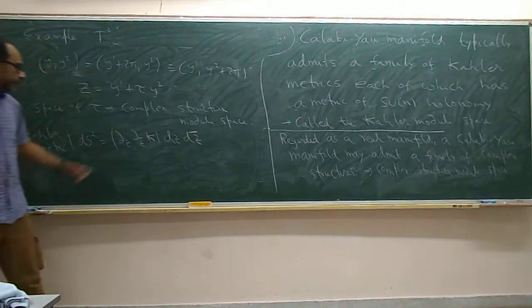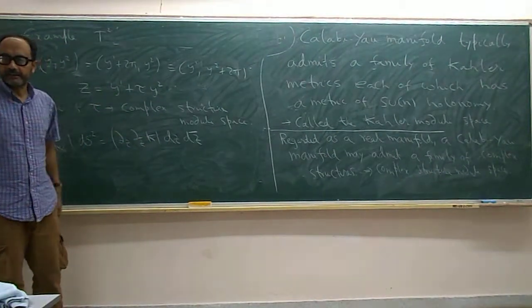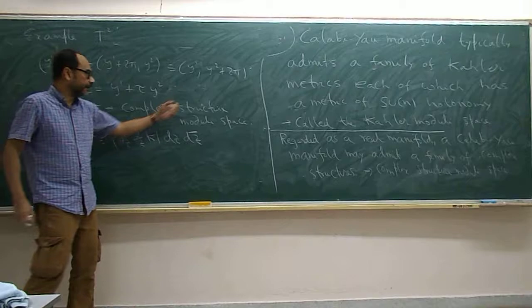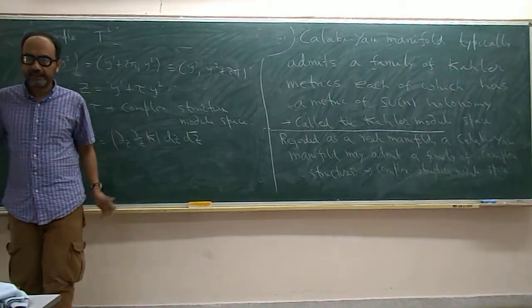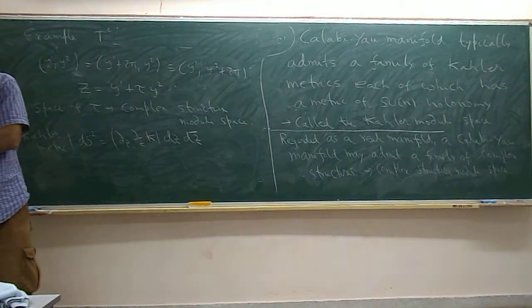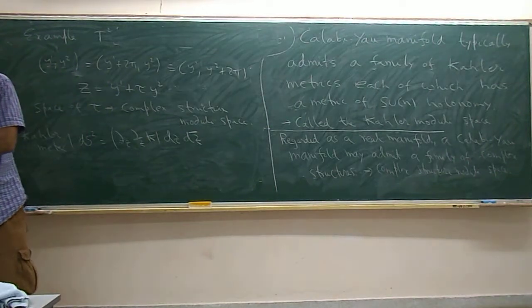Okay, K need not be globally defined. You can cover it with different patches, and K in particular need not be periodic under tau goes to tau plus 1, or z goes to z plus 1 and z goes to z plus tau. As z gets shifted by 1 or 2 pi, K can pick up holomorphic and anti-holomorphic terms, because the metric should remain unchanged.